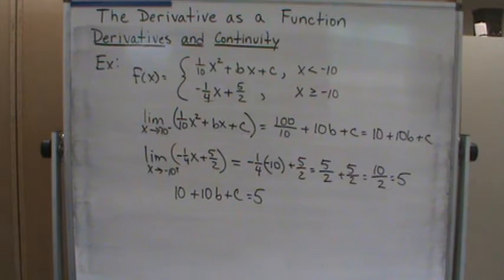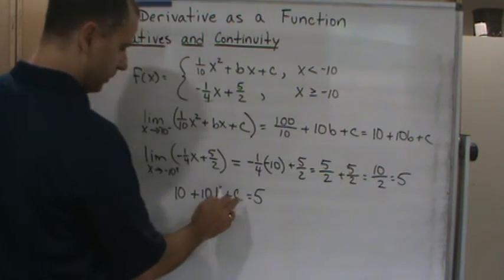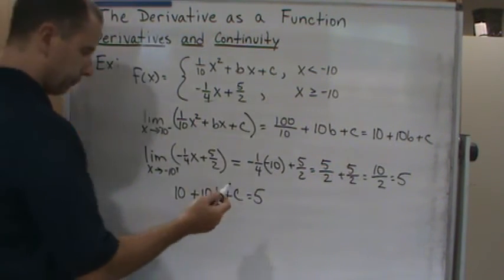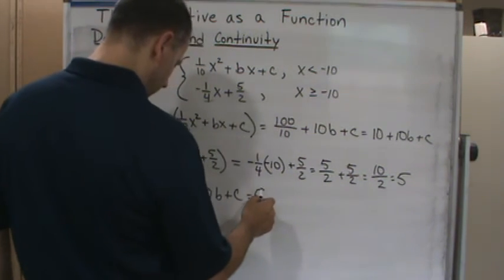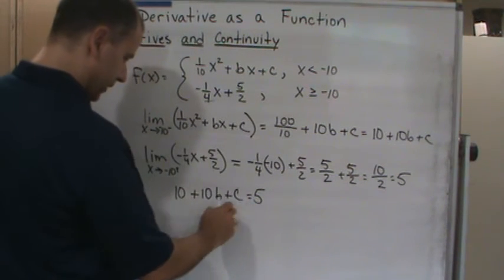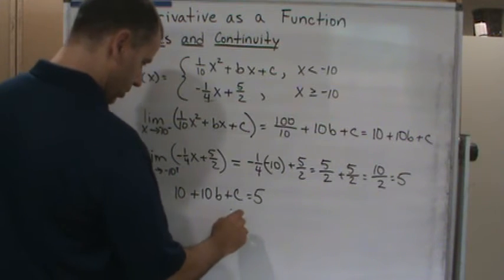So now we just need to solve this. Let's just solve this for c. That's going to be the easiest one. We're going to subtract 10, so we get negative 5.